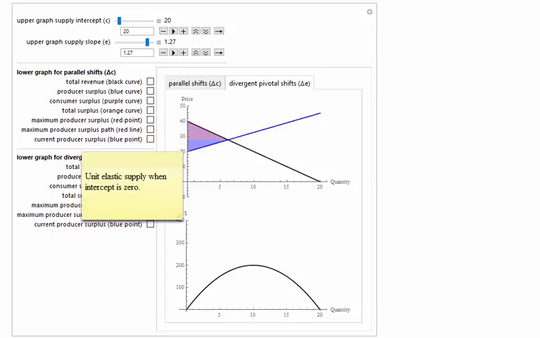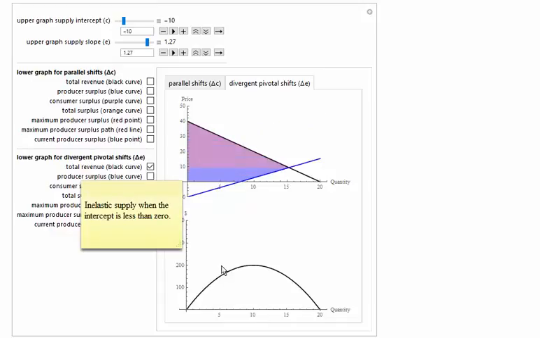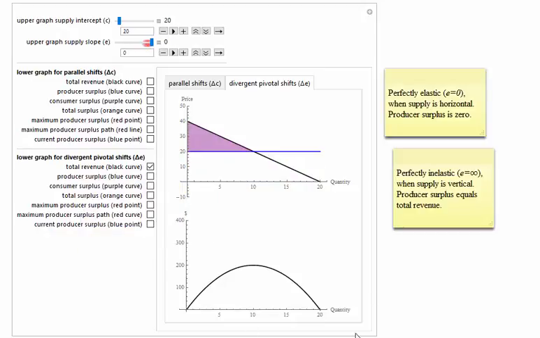Unit elastic is when the supply curve's intercept is 0. I didn't show the 0 supply curve, but the intercept would be right out of here. In this case, I'm showing a negative intercept, which means it's an inelastic supply curve.